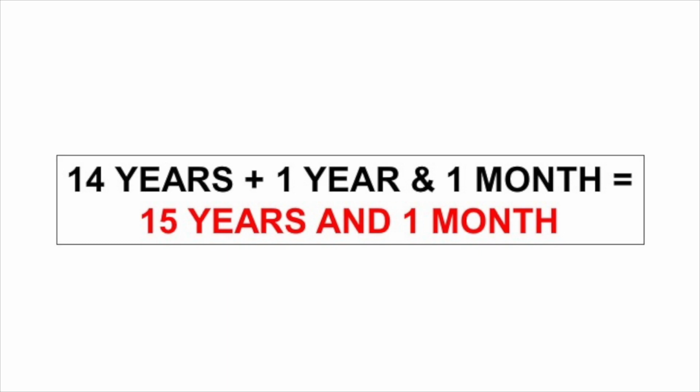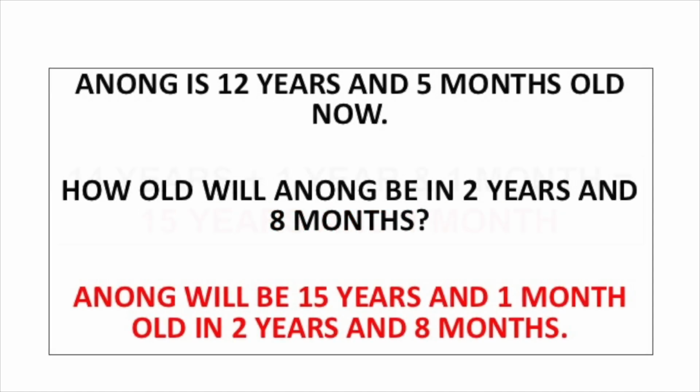So ANONG will be 15 years and 1 month old in 2 years and 8 months. And that's how we do word problems involving time, adding months and years together to get your age. Let's do one more together before we do a board exercise.